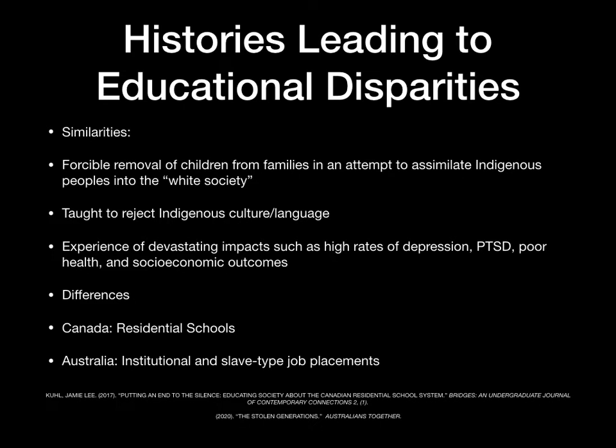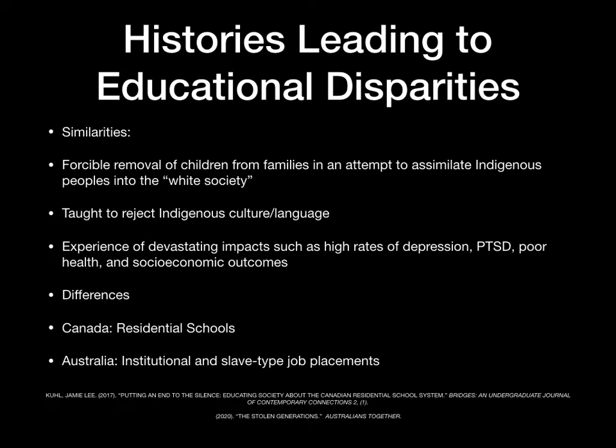So children were removed from households and placed in either institutions or residential schools, very similar, and also there was an addition of slave-type job placements for Australian children that were taken from their homes. So not always placed in an institutional or an educational setting. And looking forward, both were taught to reject Indigenous culture and language.